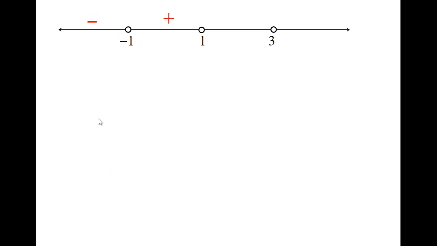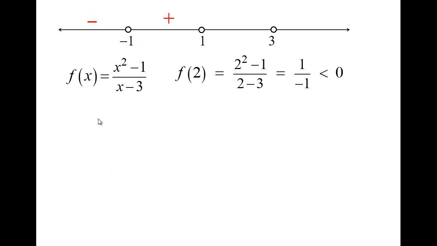Between 1 and 3, we can pick the number 2, plug that in. We get 2 squared minus 1 over 2 minus 3, which is negative again. So we see that f is negative throughout the interval from 1 to 3.